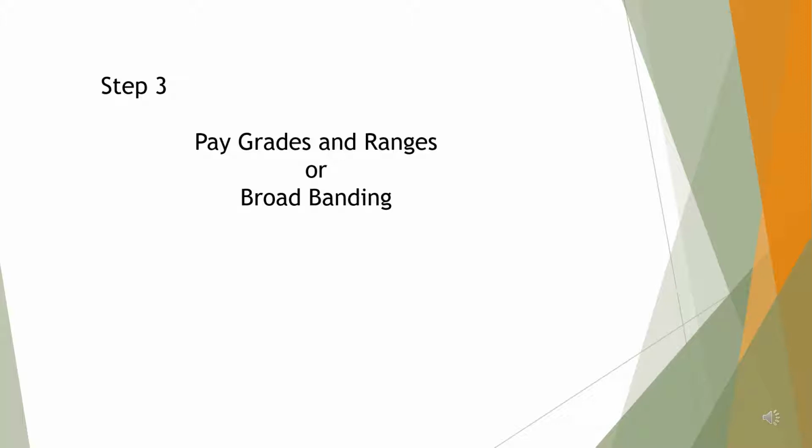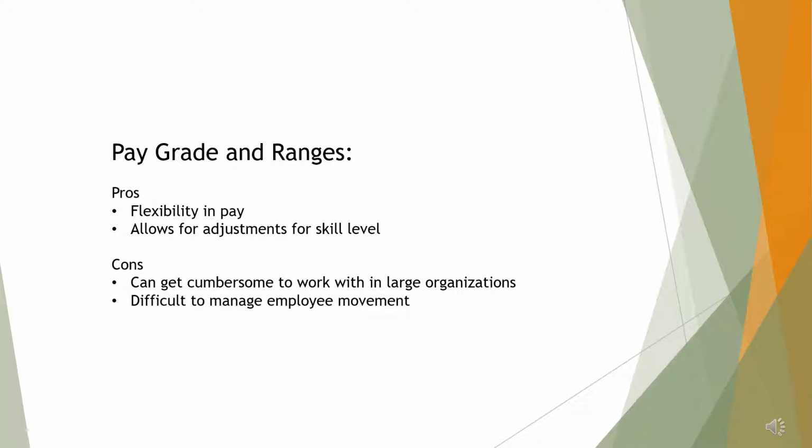And we have two choices here. We can use pay grades and ranges or broadbanding. A pay grade groups similarly valued jobs together, while the range is the span of pay for that grade.